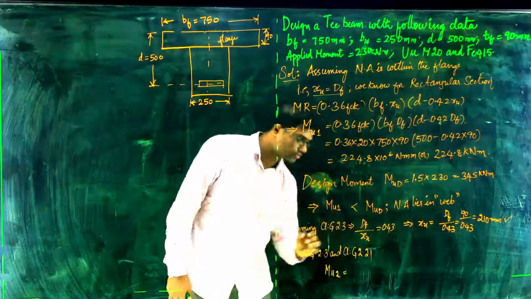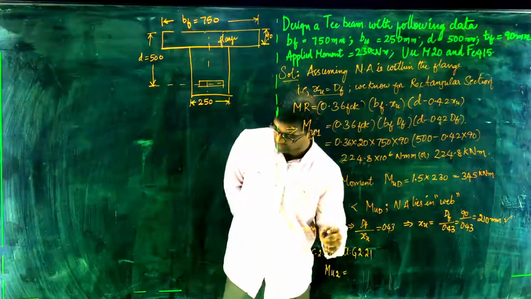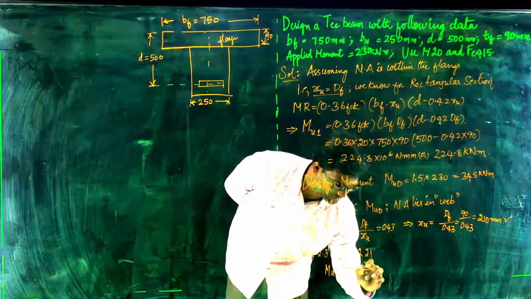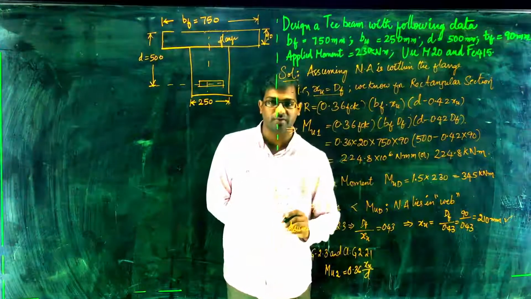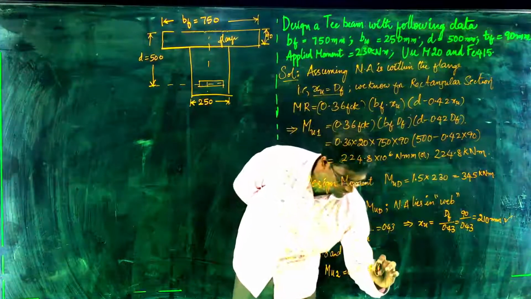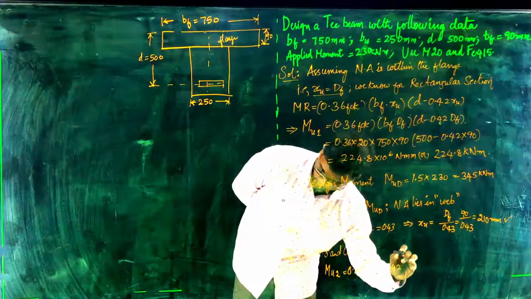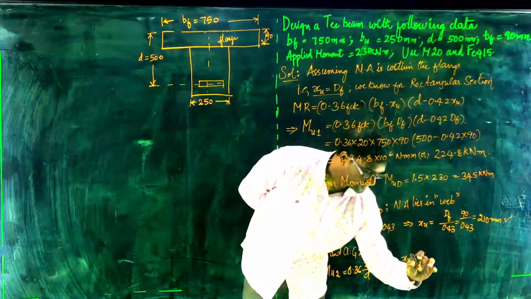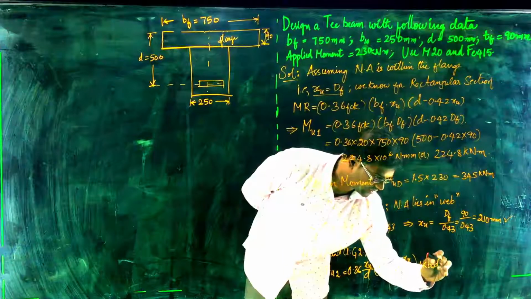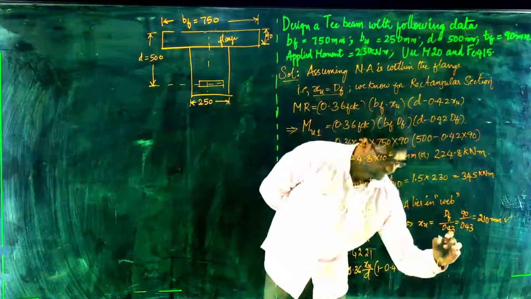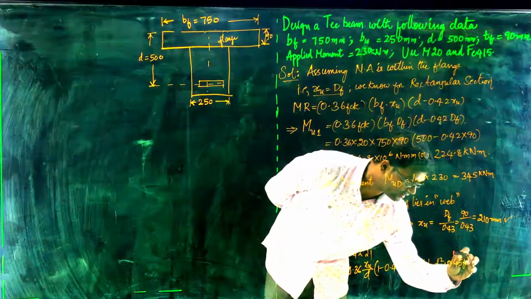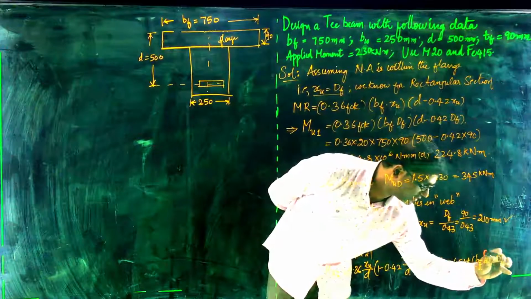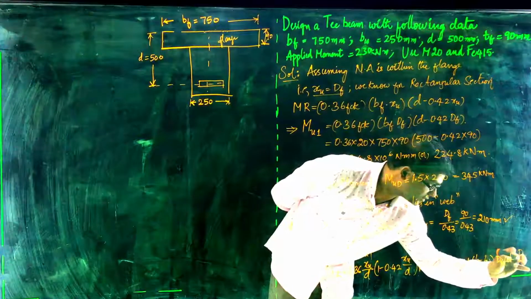Let me take this as Mu2. That equation is given by 0.36, instead of Xu max, we will write Xu by D into 1 minus 0.42 Xu by D, then fck b_w d square plus 0.45 fck (bf minus bw) into Df into (d minus Df by 2).